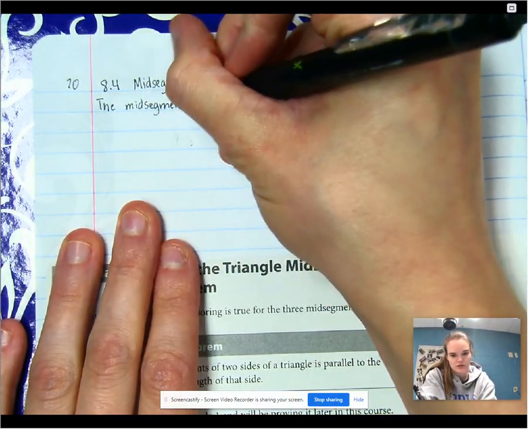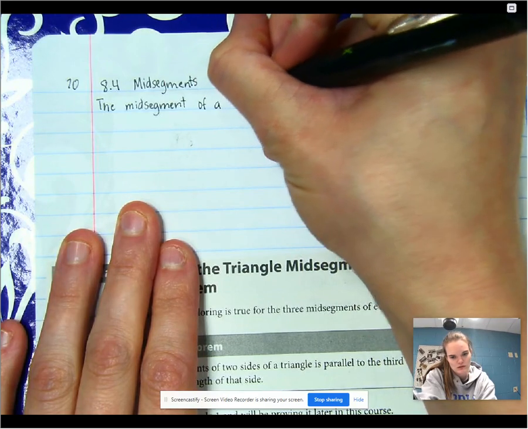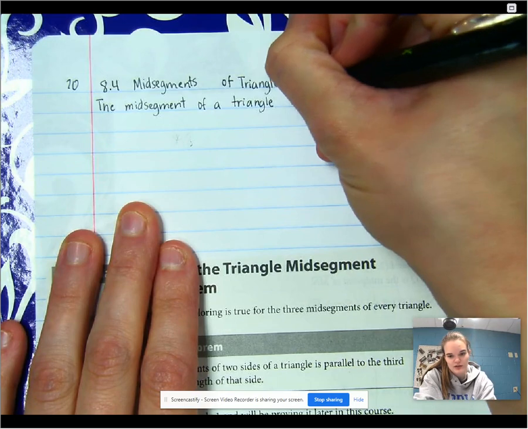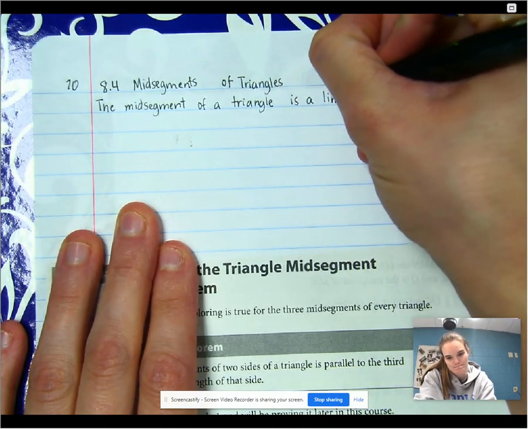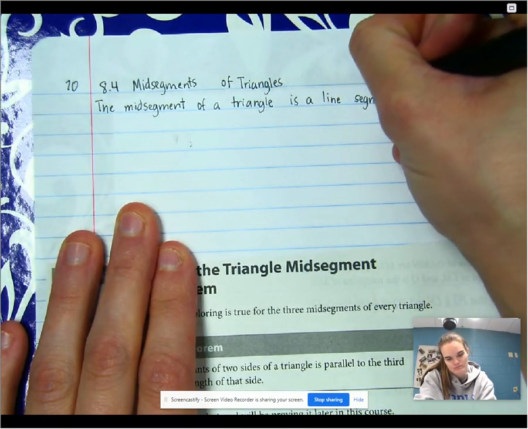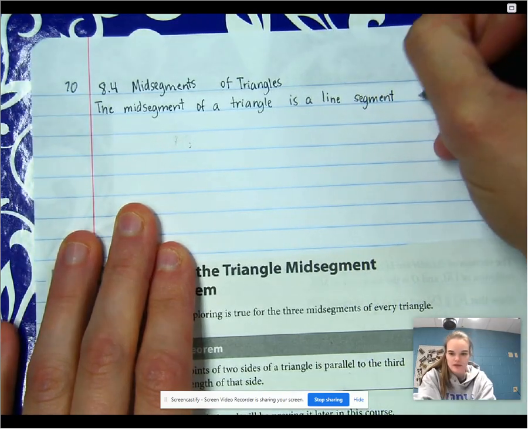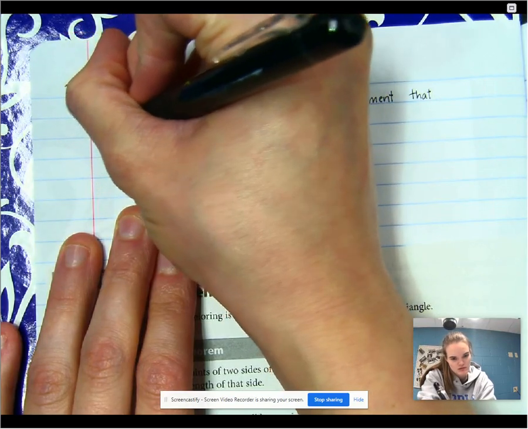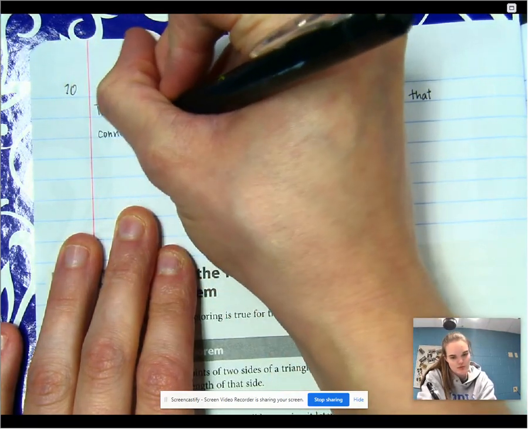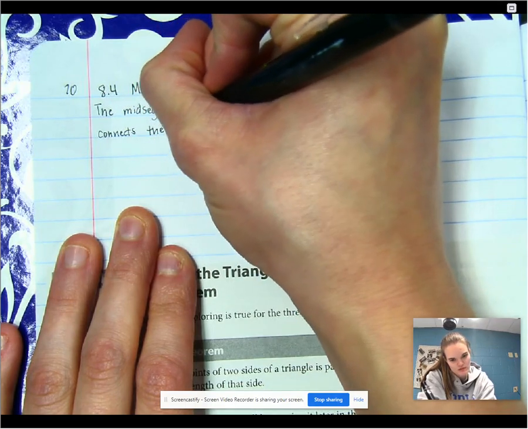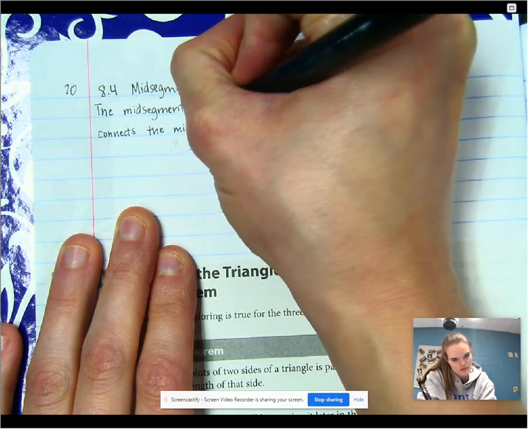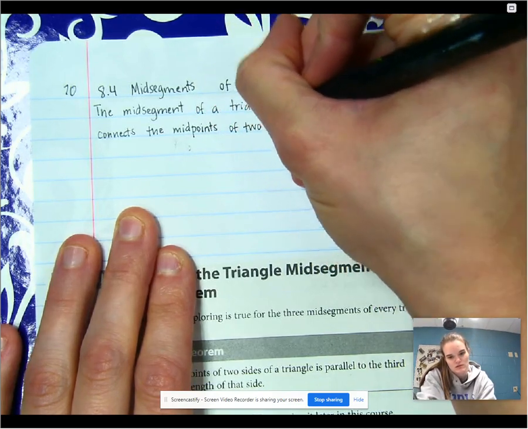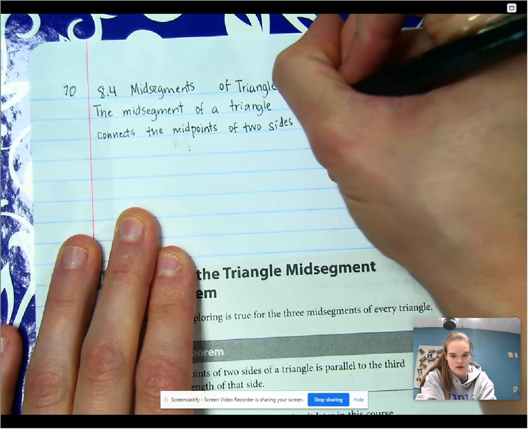of a triangle is a line segment that connects the midpoints of two sides of the triangle.